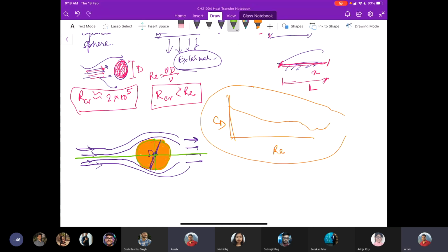Okay. So what happens? The boundary layer actually develops like this, the schematic that I have drawn. Okay, and it will try to wrap around this cylinder surface, that is around this green line. Now what happens as the fluid strikes this cylinder surface?